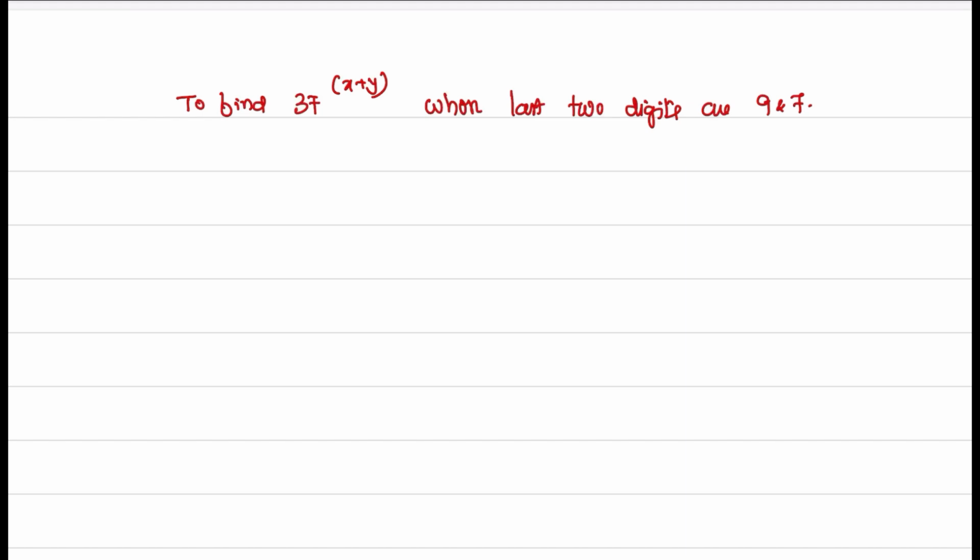Because we are considering two digits, we have to ensure that x plus y is such that the remainder should be 97 when it is divided by 100.